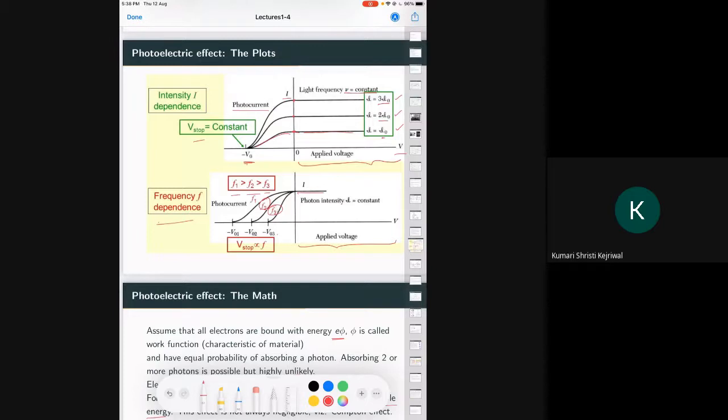However, the energy of the fastest electron is still the same because the frequency is the same in all three plots, and h nu minus E phi is the same quantity. So there is only one stopping potential irrespective of the intensity.